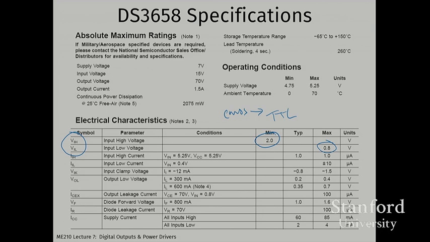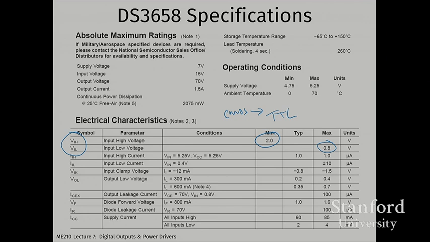Maybe you want to check that the voltages from the Arduino are going to drive this properly, but from what I remember, the VOH of the Arduino is 3.5 roughly, and the VOL is less than 0.4, so that will be fine. You can take the outputs of the Arduino, connect them straight to the inputs of the 3658. And then on the output side, you're able to control much larger currents.